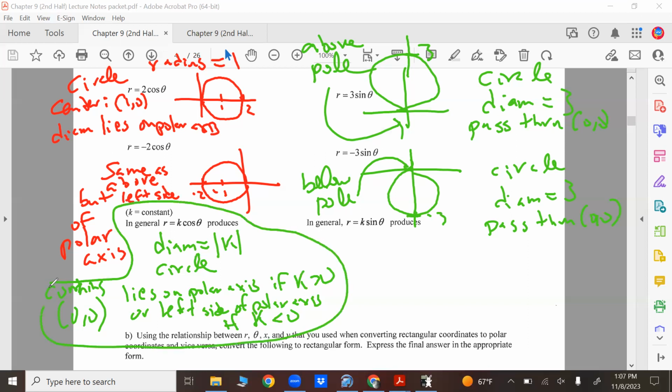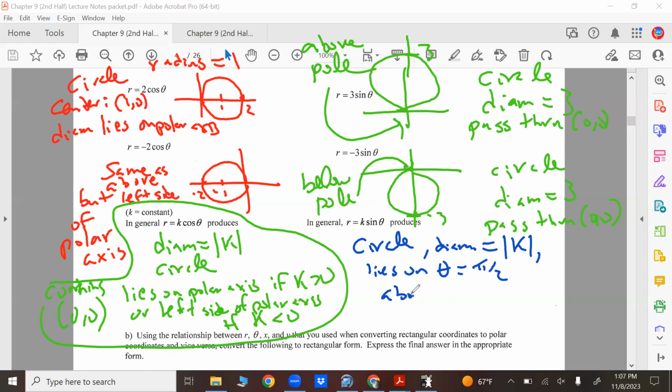But for r equals k sine theta, again, it's another circle. Diameter is absolute k. Lies on theta equals pi over 2.